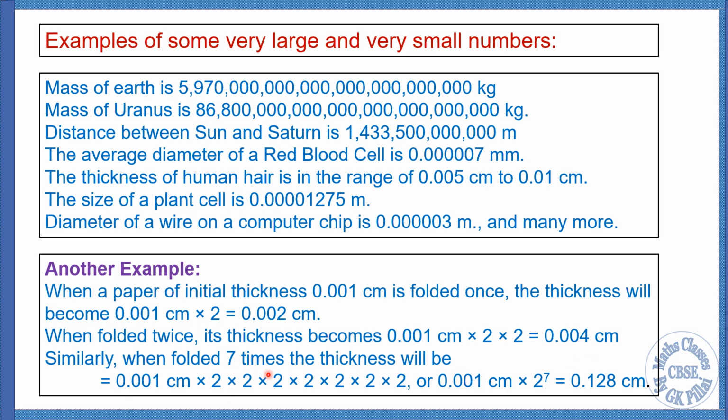Similarly, when you fold it 7 times, the thickness will become 0.001 into 2 into 2, 7 times. It will be 0.001 into 2 to the power of 7 in the exponential form. The value will be 0.128 centimeter. This is in centimeter instead of millimeter; that is why it has become a decimal number like this.